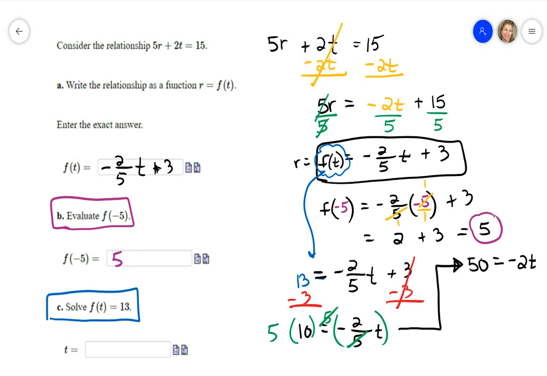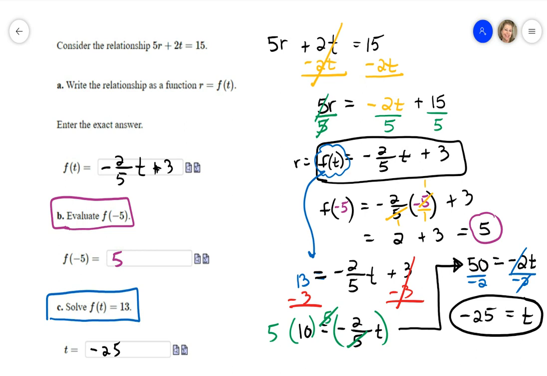I got rid of the 5, but the negative 2 is still there. And then the last thing I'm going to do is divide off that negative 2 so that those cancel, leaving me with a positive t. And 50 divided by negative 2 is negative 25. And that's this answer right here.